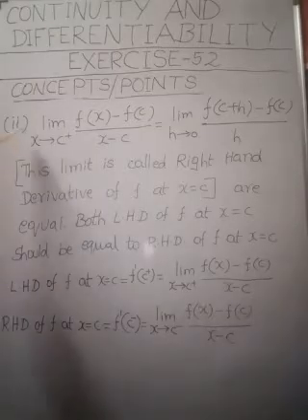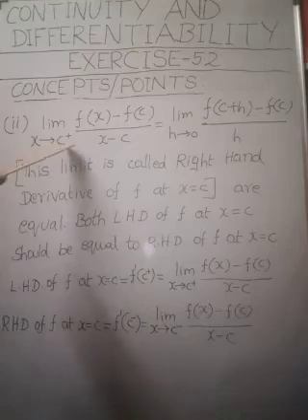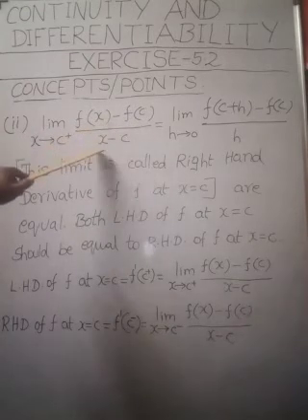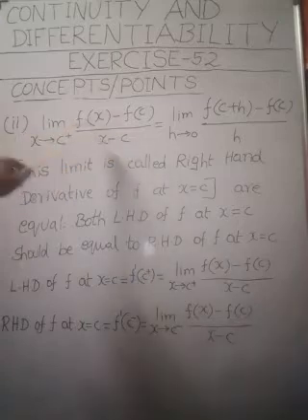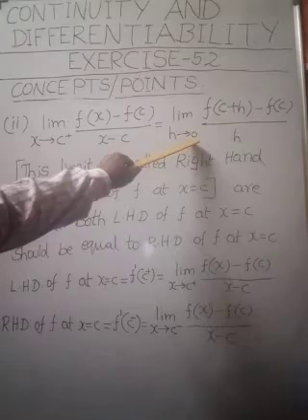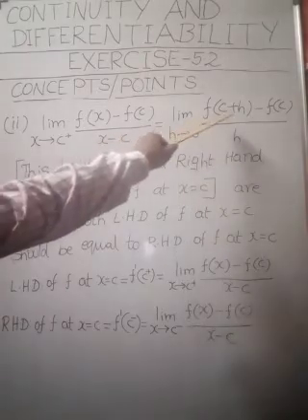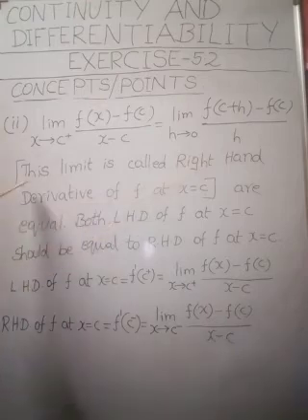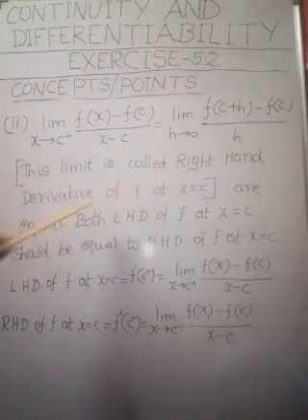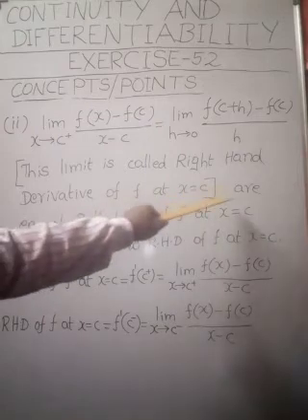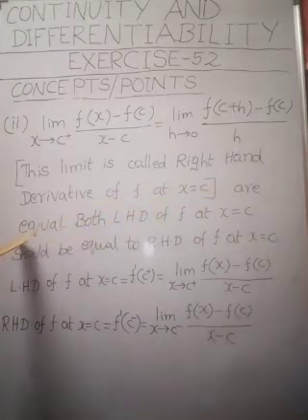And second, the limit as x tends to c plus of f of x minus f of c by x minus c. This limit can be written as the limit as h tends to 0 of f of c plus h minus f of c by h. This limit is called the right hand derivative of f at x is equal to c. Then both should be equal.